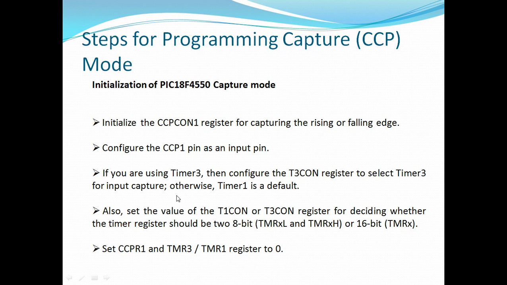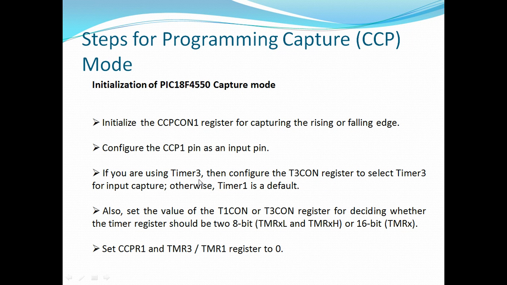Then if I am using Timer 1, there should not be any configuration for Timer 1 use, because Timer 1 is the default for the CCP module in capture and compare mode. If I want to use Timer 3, then I should use the Timer 3 control register.